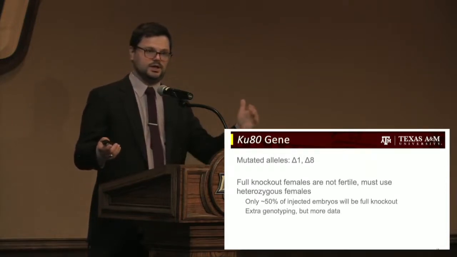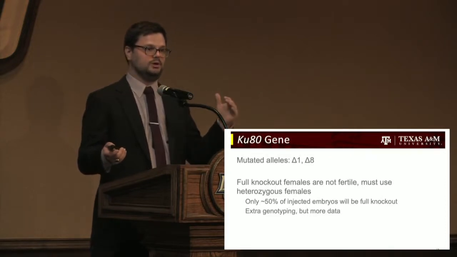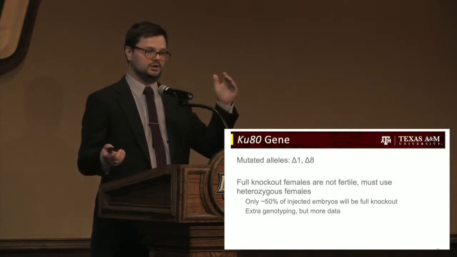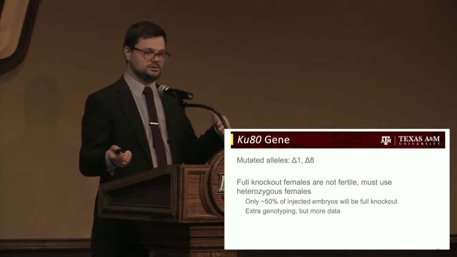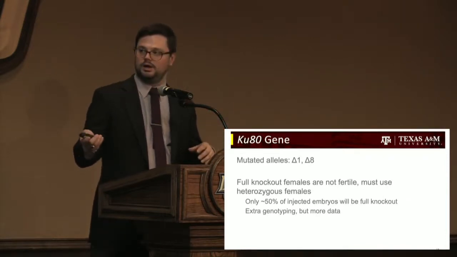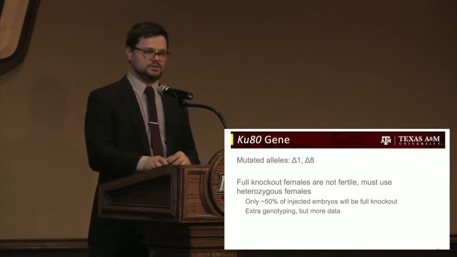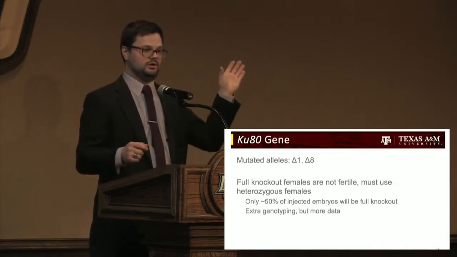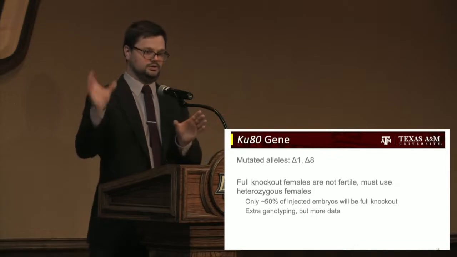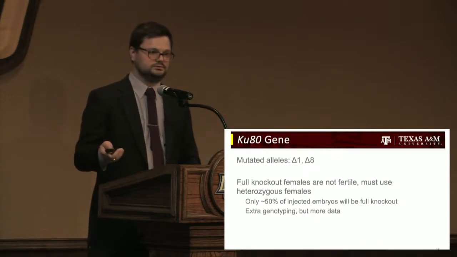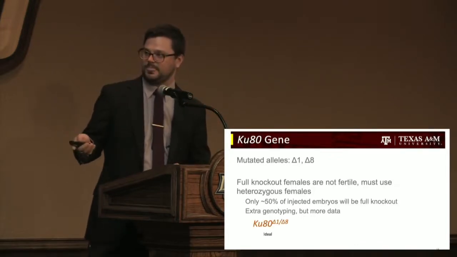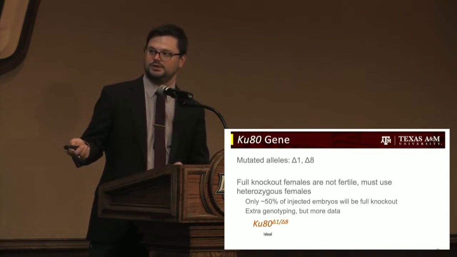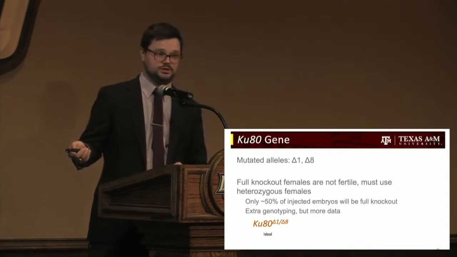It means there's an extra genotyping step so that we know whether we injected a full knockout or a heterozygous embryo. But it also means that we get more data, because not only can we compare knockout to the control, but we can compare full knockout to partial knockout to the control. So, turns and roundabouts.